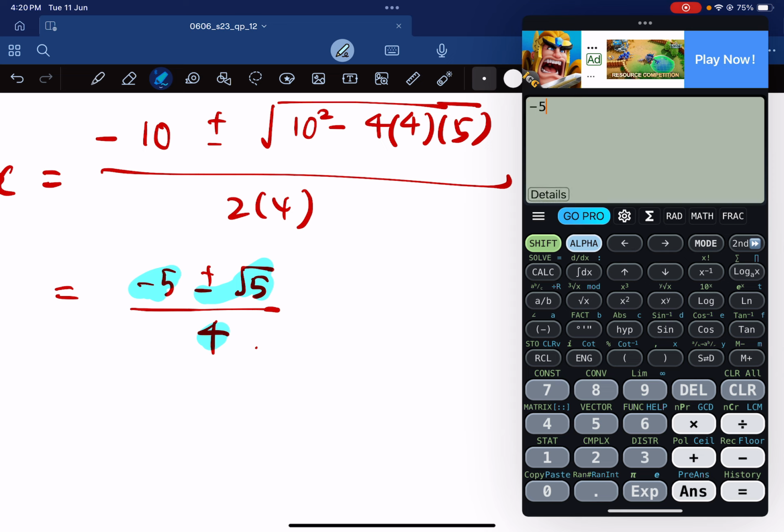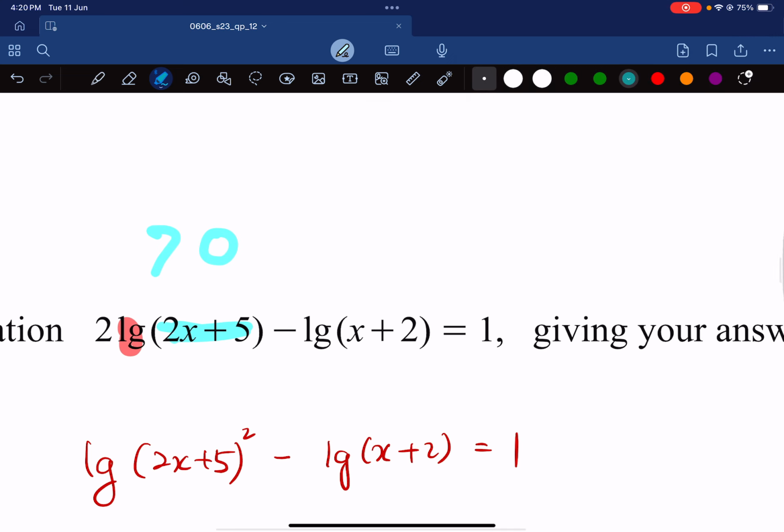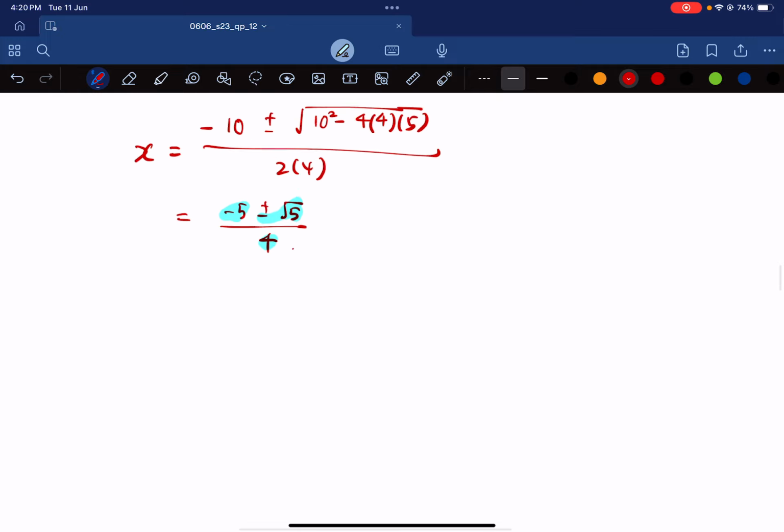It is negative 1.8 something. So negative 1.8 something plus 2, yes, is positive. Negative 1.8 something times 2, negative 3.6 something, plus 5, yes, positive. So the negative answer could be accepted. Okay, so yeah.